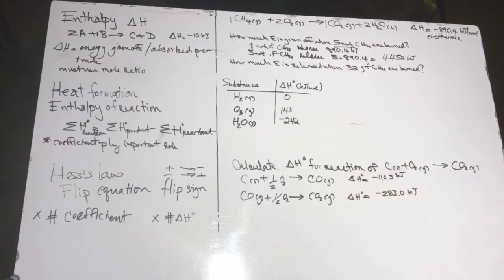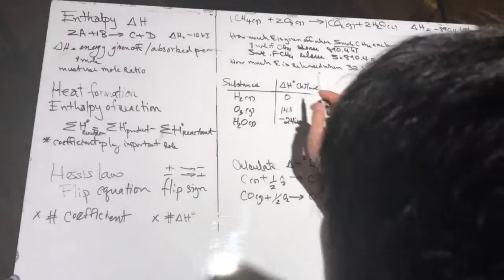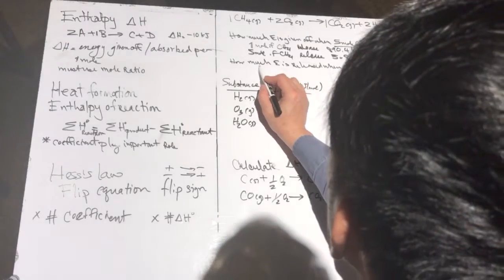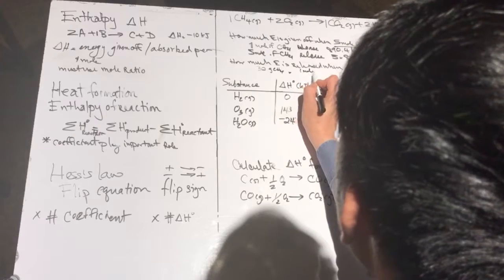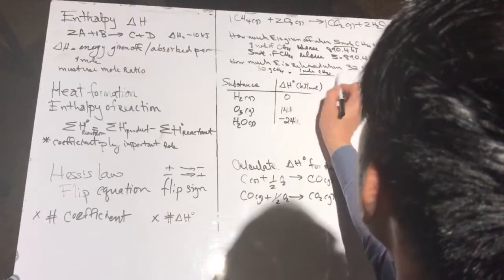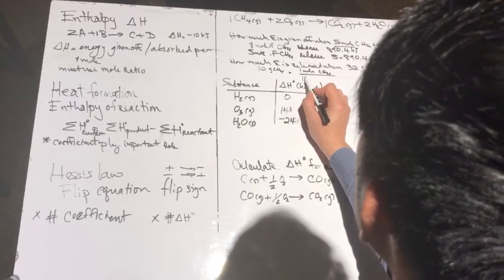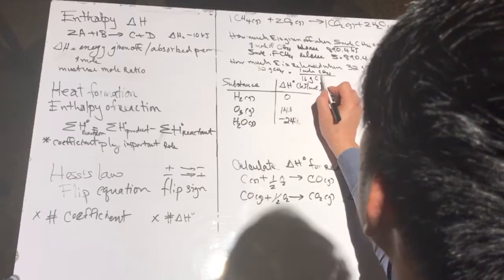For the second question, how much energy is released when 32 grams of methane are burned? First we have to convert grams to moles. So it would be 32 grams of CH4 multiplied by 1 mole over the molar mass, which is 16 grams.